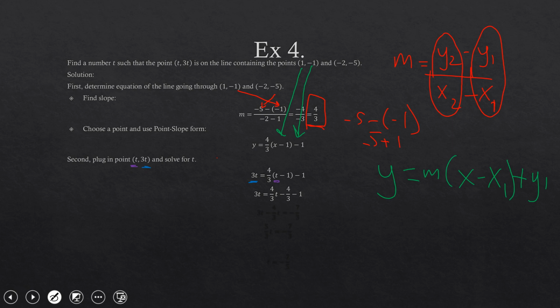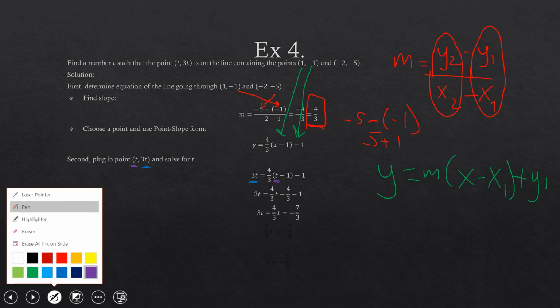So distribute that 4/3, and that's going to give us 4/3 t minus 4/3 minus 1, and 3t is still on the left. Take away 4/3 t from both sides, so let's go ahead and do that.